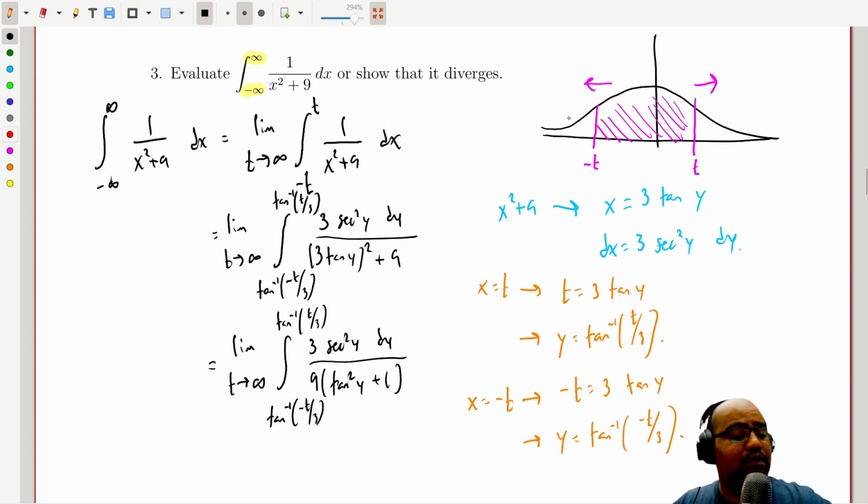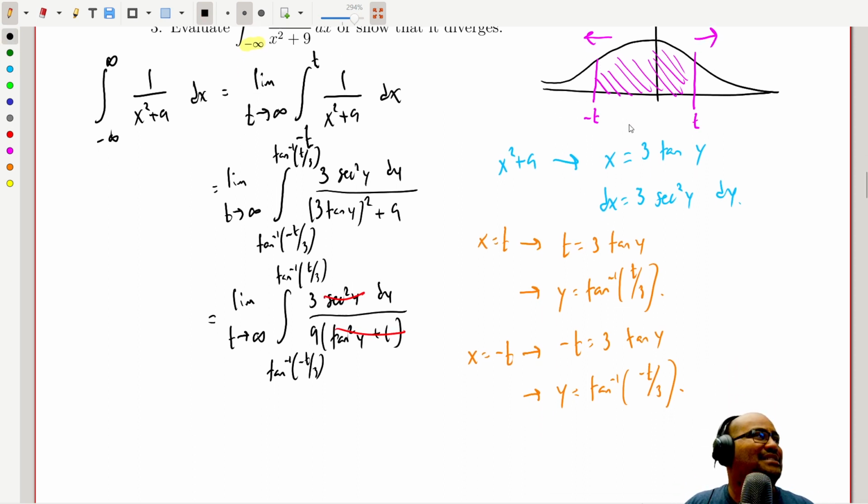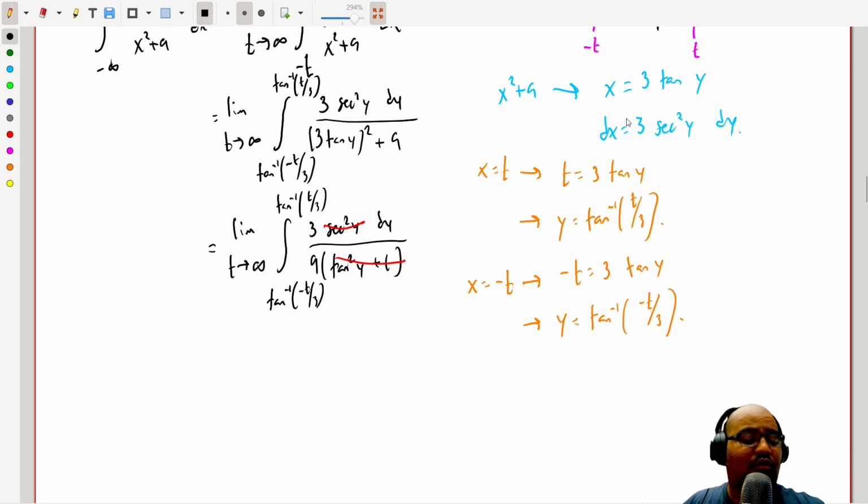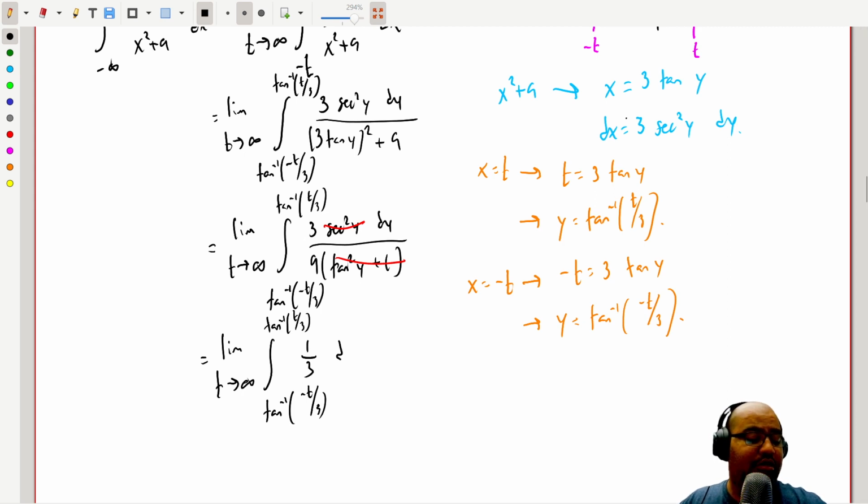Now take a look here: secant squared is 1 plus tangent squared. So we're in business. I'll have a 1/3 that comes out of here. So we'll have this limit, this integral from arctan of minus t over 3 to tangent inverse of t over 3 of 1/3 dy.